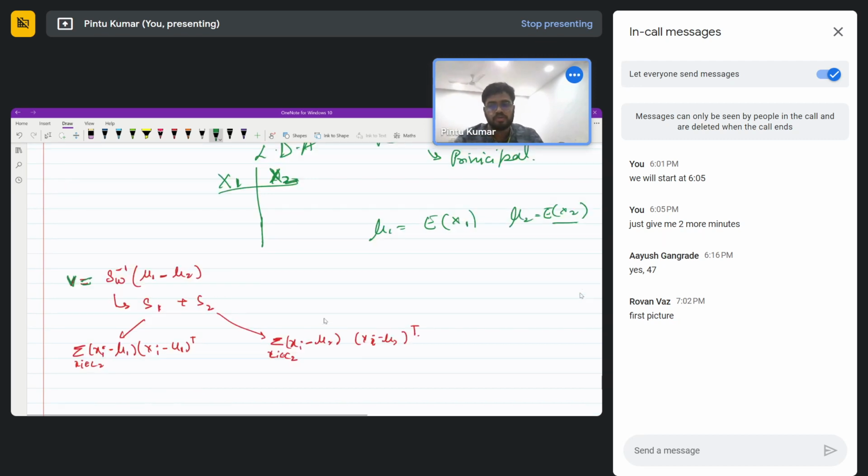Then you can calculate these principal components via this particular formula. That is, there is a matrix SW inverse, we'll get to how we calculate SW, multiplied by mu1 minus mu2. This is how we obtain it.